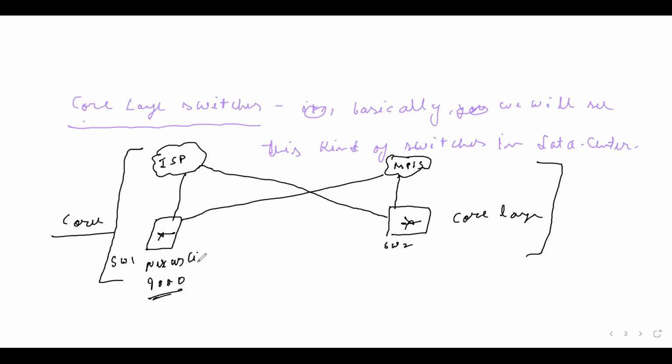If you are using Cisco, you will see Nexus series there. Nexus is different from normal Cisco switches. It can perform more tasks. So basically it will deal directly with your internet service provider. This kind of switches, core layer switches.